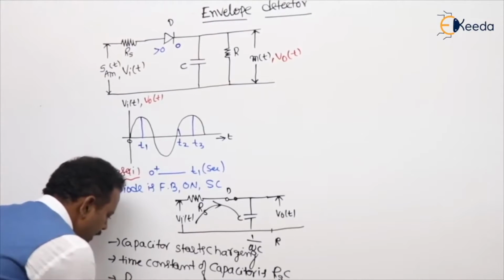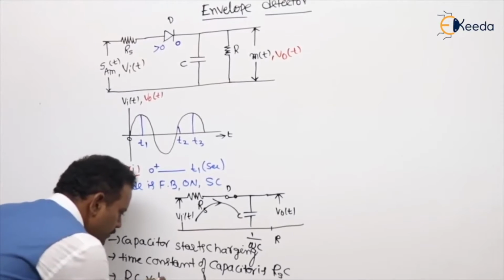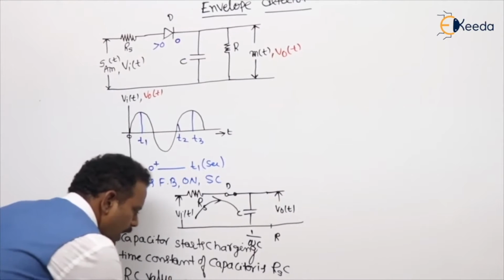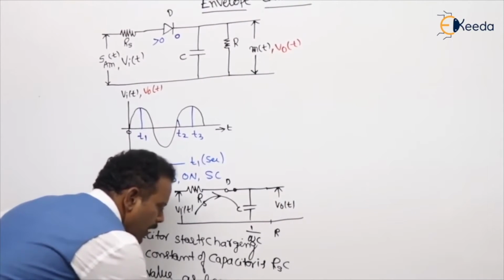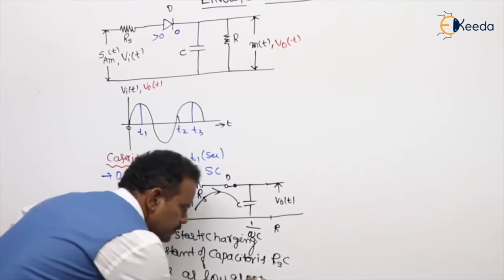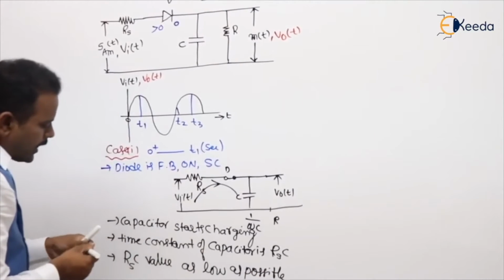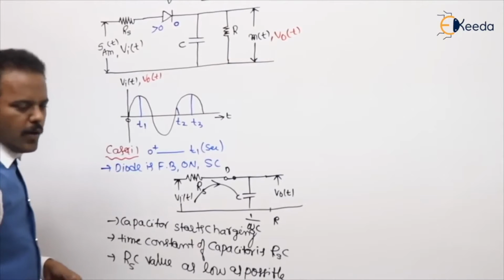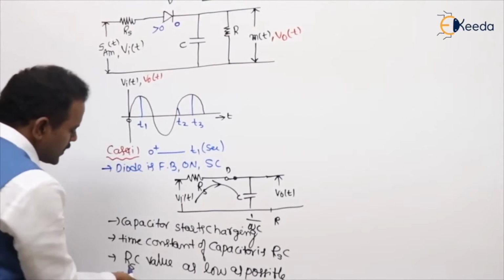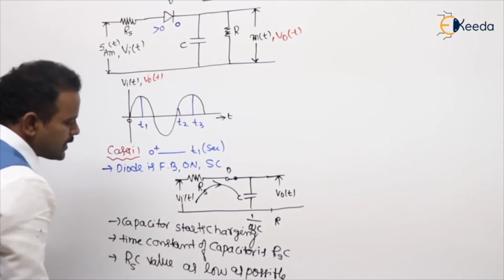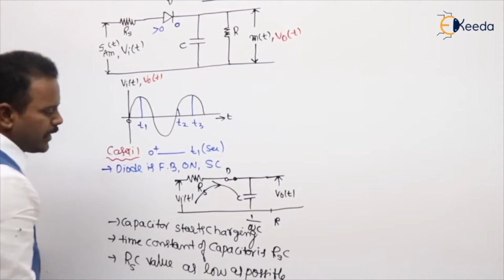Now I will maintain this RSC value as low as possible. If I maintain this value as low as possible, what is the meaning? Are you understanding my point or not?